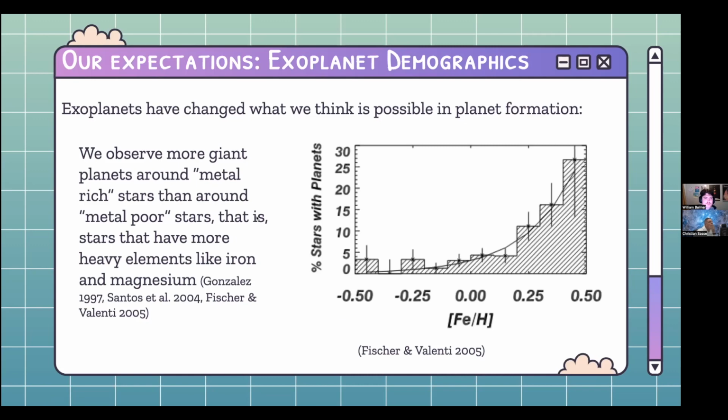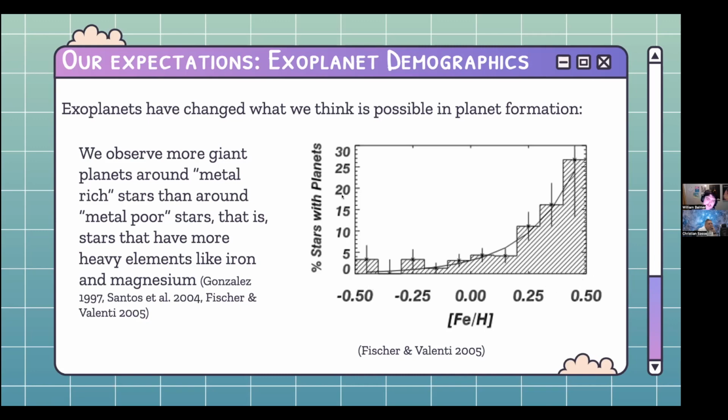We also observe, and this is an interesting sort of nuanced thing to discuss, more giant planets around what we call metal-rich stars than we do around metal-poor stars. So this is a chart of what's known as the metallicity of a star, the ratio of iron to hydrogen in the star's atmosphere. So a smaller number here is a lower ratio. As you get up here, you're adding more and more iron into that star's atmosphere.